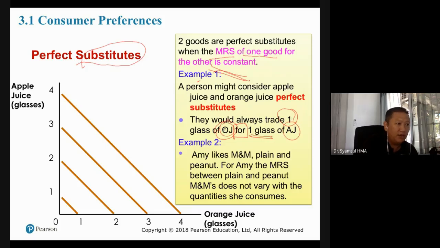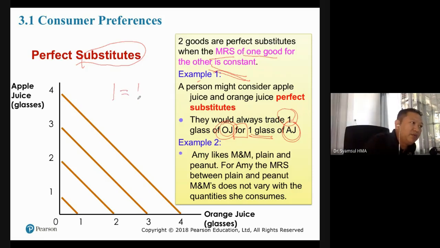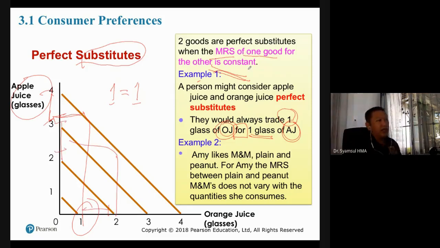If I give up 1 unit of apple juice, I get the same unit of orange juice, 1 to 1. So that's perfect substitutes.